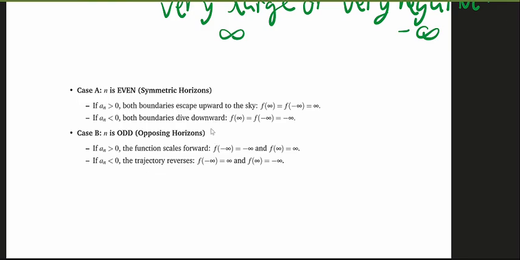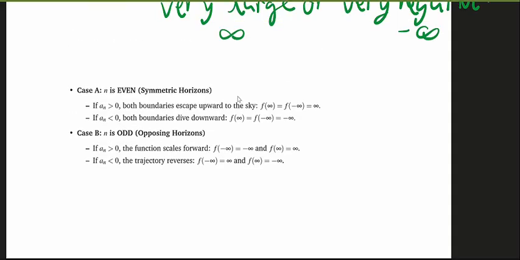Now let's talk a bit about two distinct cases: what happens when the polynomial's degree n is even versus what happens when it's odd. So for instance, if n is even and your a sub n is positive, then you take a look at the dominant power. In the first case, it's going to be a sub n times x to the power of something even.